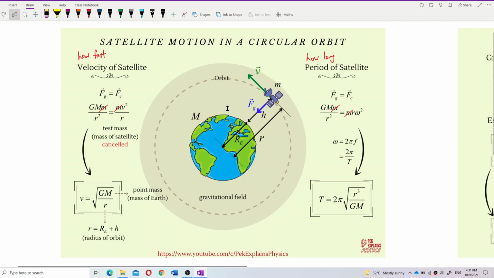So how to calculate? We use a concept from the chapter on circular motion.